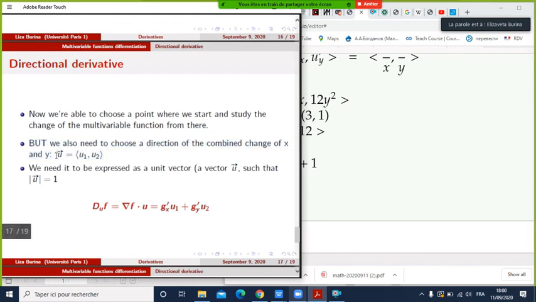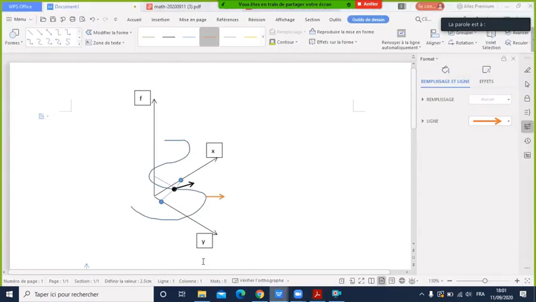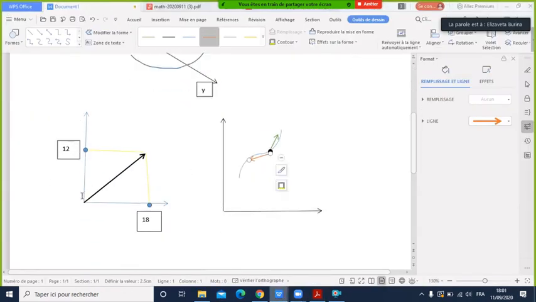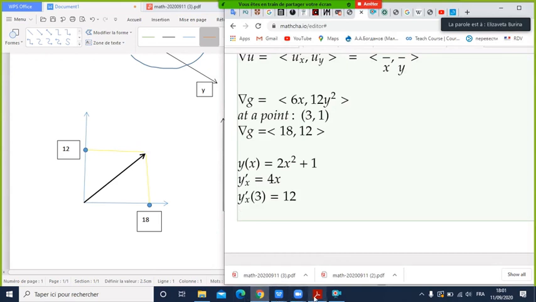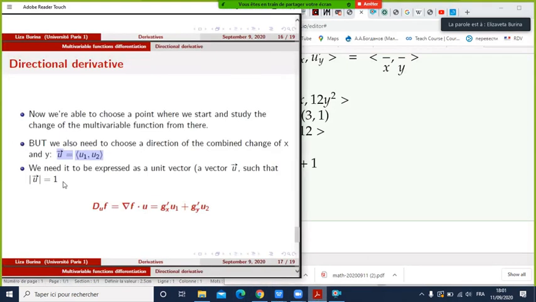And it will be given by a vector. So this idea again. So by how much? By 18 and 12 or by minus 17 and 2? And what is very, very, very crucial here is that we need it to be expressed as a unit vector.